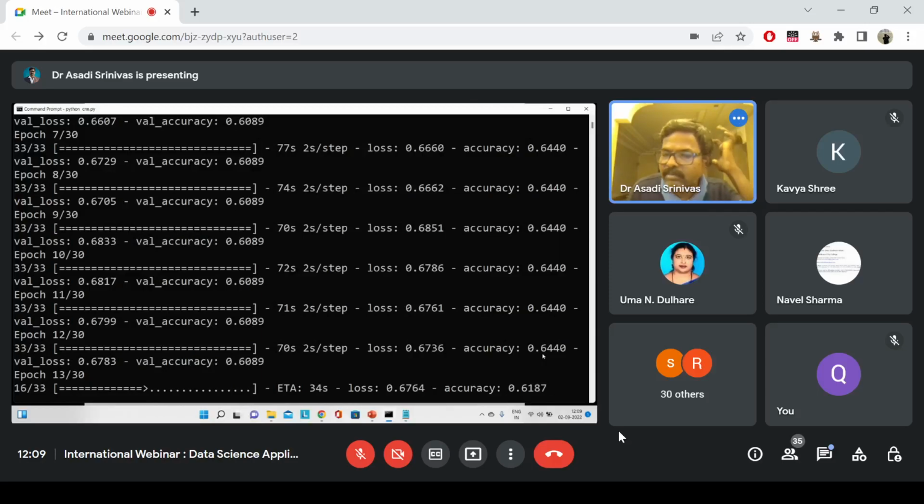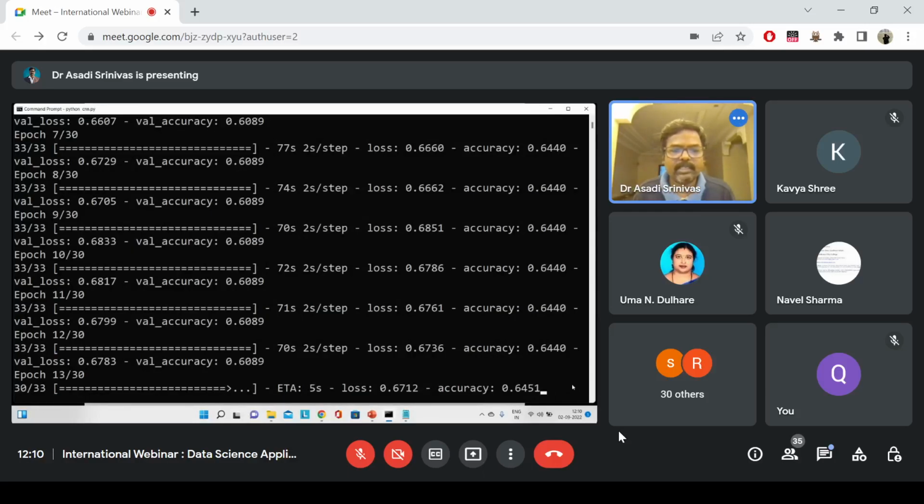So we need to do more pre-processing on the data set. My data set is not that high quality, that's why sometimes my accuracy is 64 and loss is 67 percent. Okay, very good question, sir. In order to decrease the loss, you need to take good quality data input.